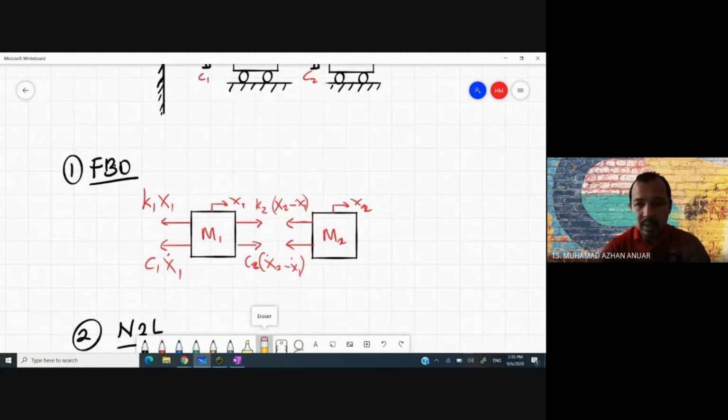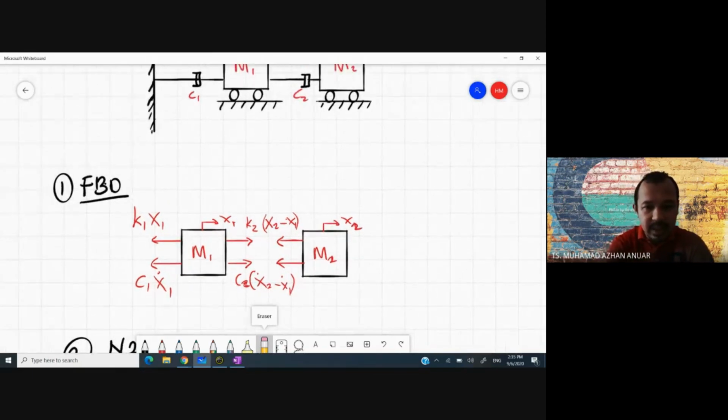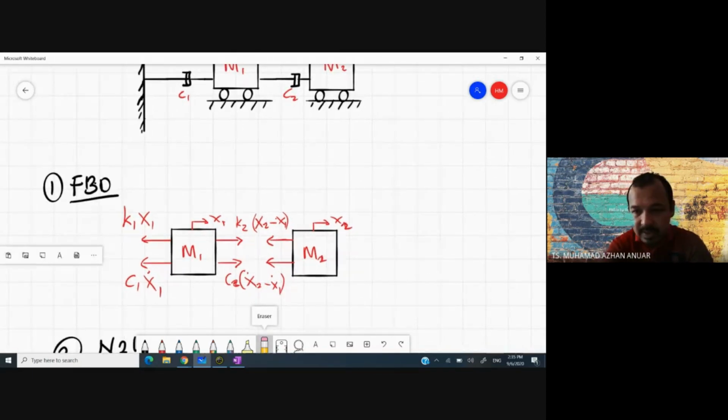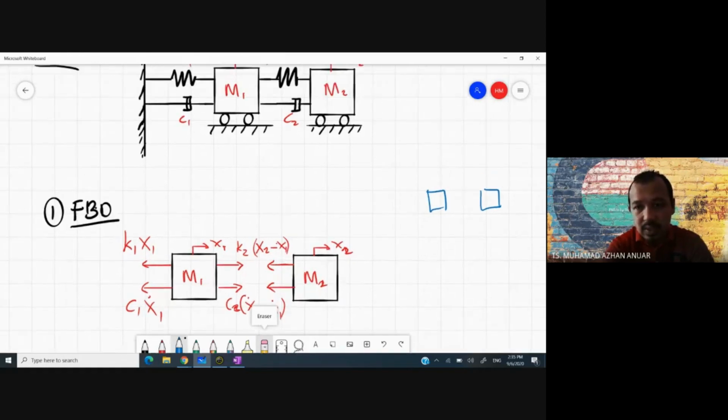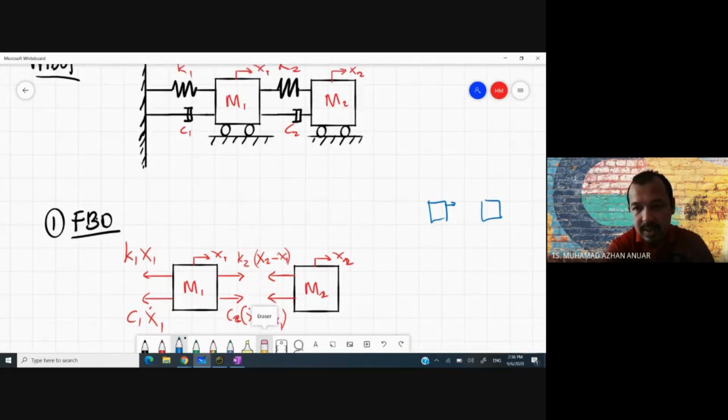Right. So remember for this side, let me draw it here. I use the blue color. For this side, if you make the assumption that x1 is greater than x2, you should get something like this: K1 multiplied by x1 minus x2, and K2, C2, x dot 2 minus x dot 1.